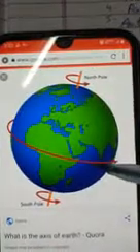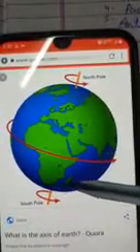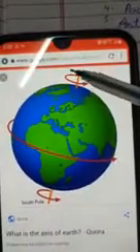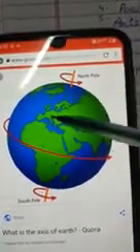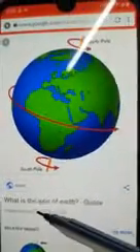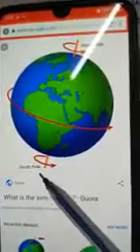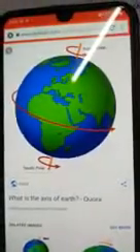In this picture, this is our earth and this is an imaginary line around which the earth rotates. It's called the axis. The axis of the globe has 2 end points called the poles. The one at the top is called the North Pole, and the one at the bottom is called the South Pole.